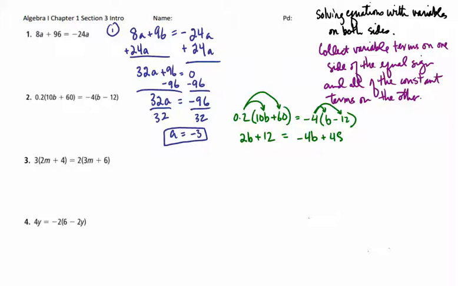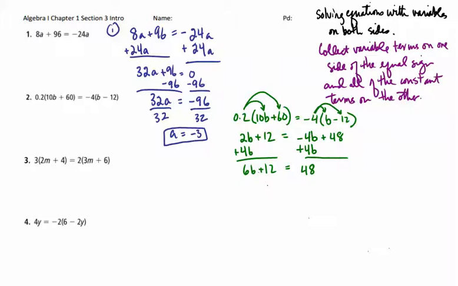positive 48. So at this point, again, we have an equation that has variables on both sides. If I want to use the to the left strategy, all I need to do is add a 4b on the right, do the same thing on the left, and I have 6b plus 12 on the left and 48 on the right.